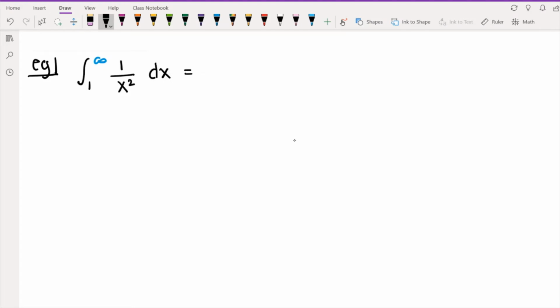So let's apply that rule that we wrote down earlier, which is that we're going to be now taking the limit as t approaches infinity of the integral from 1 to t. So we're basically subbing out that infinity symbol for a t, and then we're going to later take the limit as t approaches infinity.